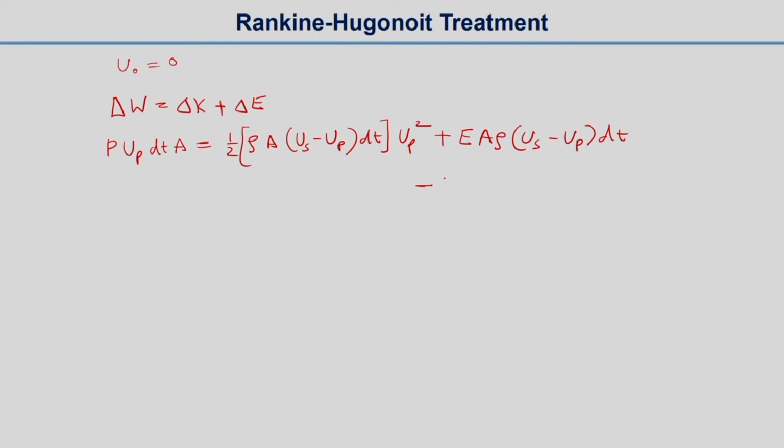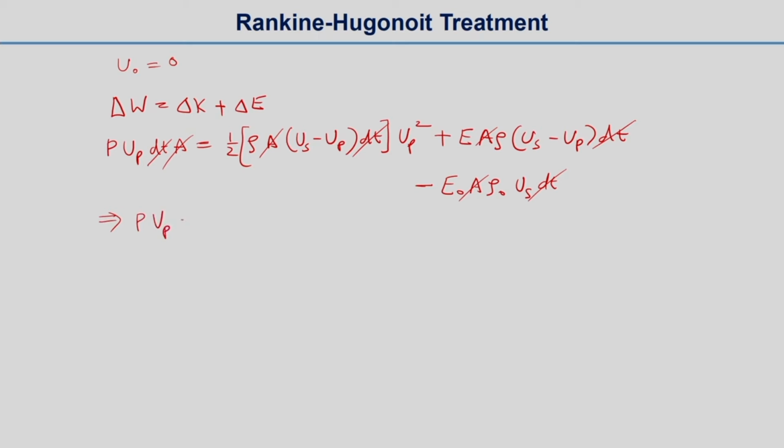And the fourth term will be E naught A rho naught (Us minus u naught) dt, where the u naught part will be 0. Now we can cancel out the dt and the area A in every term.